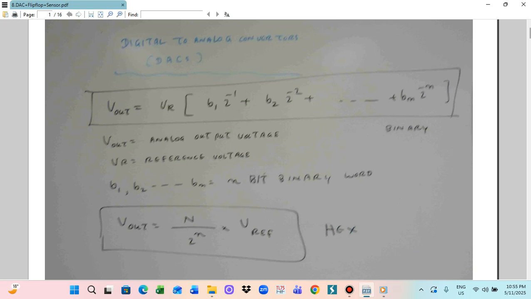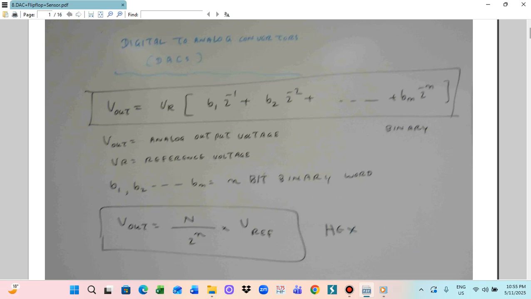B1, B2, and Bn are the N bits. So VR is the analog output voltage, VI is the reference voltage.